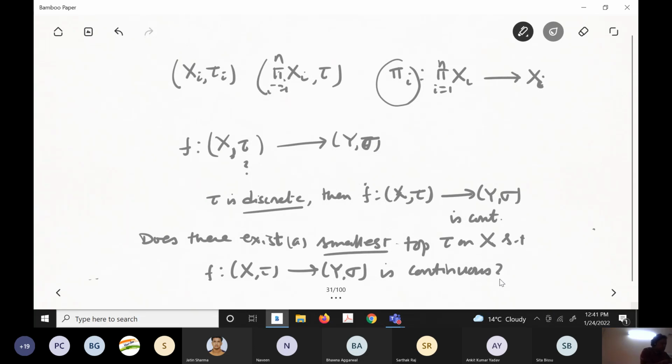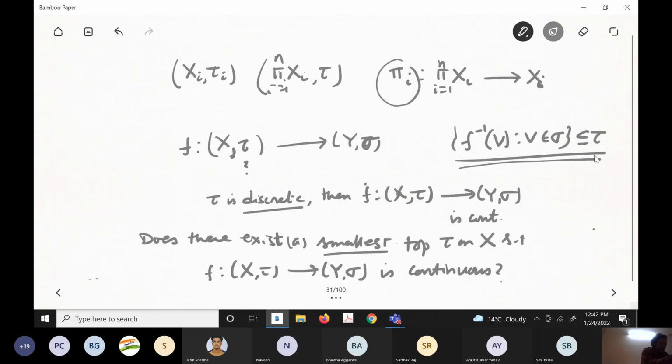Look, if it is continuous, then first of all, all of this should be open in tau. That means I should have this as a subset of tau, otherwise it won't be continuous. That is a necessary condition: the smallest topology has to contain this collection. That is one condition you got.